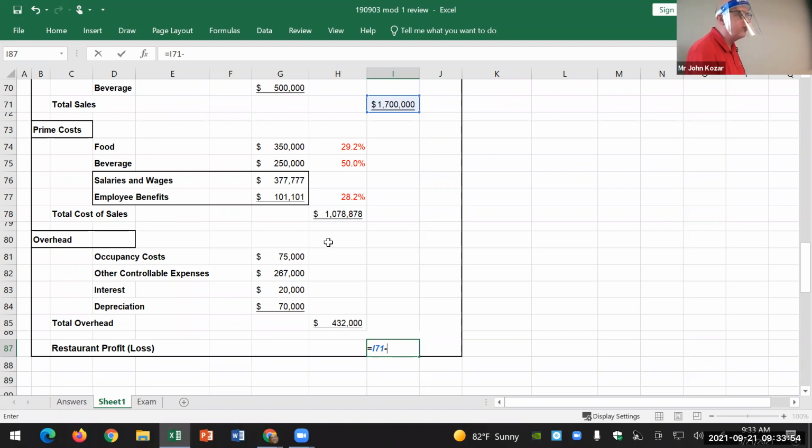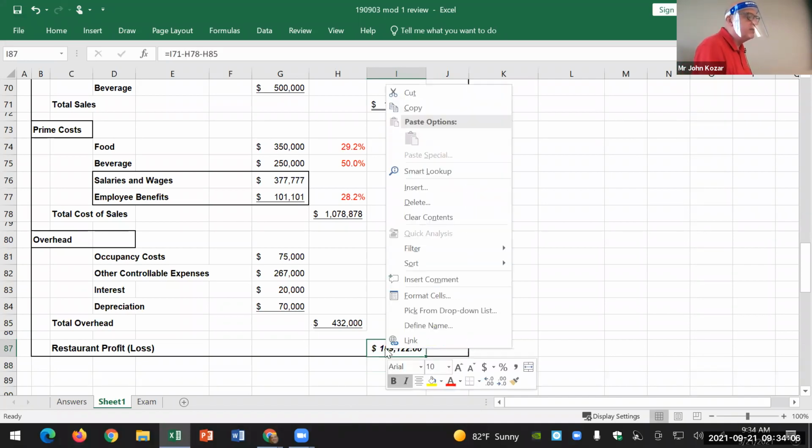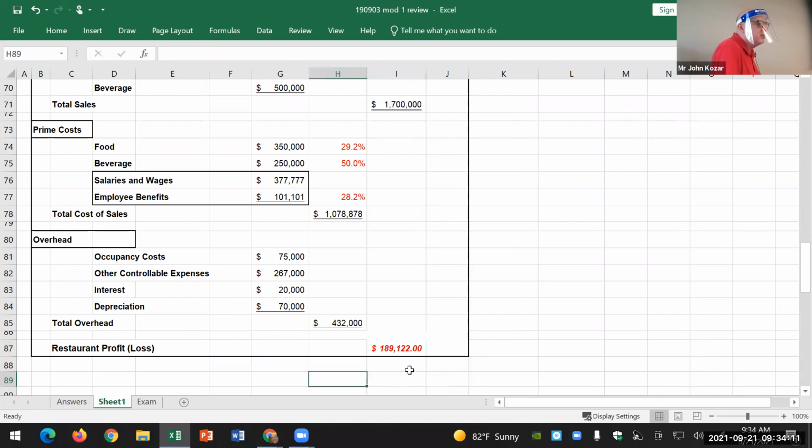The first one is our prime cost, and then the second one is our overhead. And so that gives us the profit of $189,122.